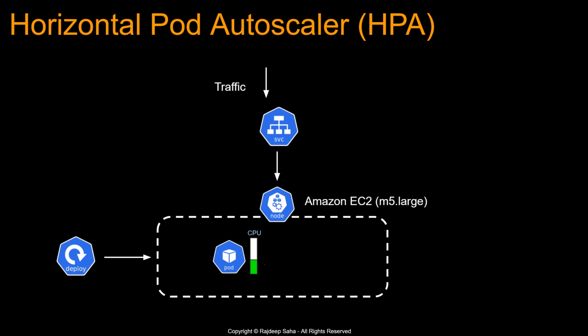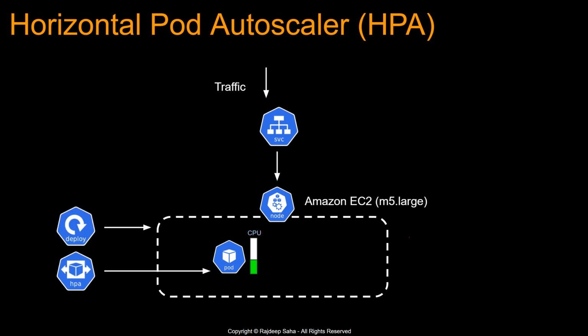So this is one big difference between EC2 scaling and container scaling. With EC2, we measure the metrics of the whole EC2, but in the container world, we can check the CPU for each individual pod. Keeping that in mind, let's introduce this HPA resource, or horizontal pod autoscaler. As the name suggests, this is responsible for scaling the pod.